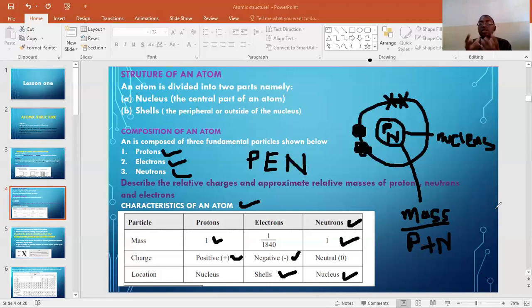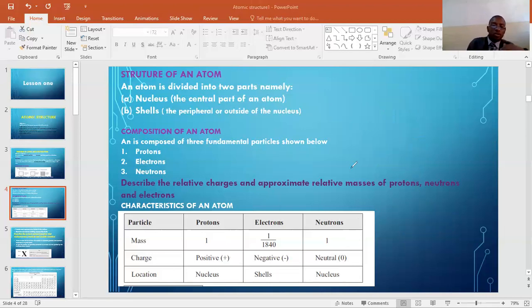So the mass of an atom is centrally found within the nucleus. The addition of the proton and the neutron is what gives us the mass. It's what gives us the weight of an atom. So that is basically on the three fundamental particles and their characteristics.